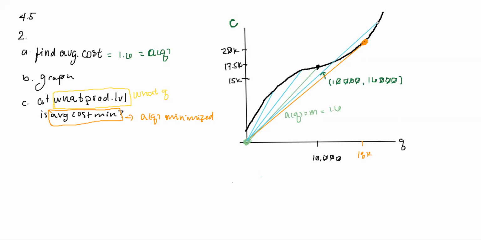We can estimate other spots on this graph. But do you see how the slope for all of these is greater than the slope of the orange? Yeah. I think I was reading way too much into that question. I didn't realize how basic it was. We're basically just asking, what is the lowest slope that we can make?